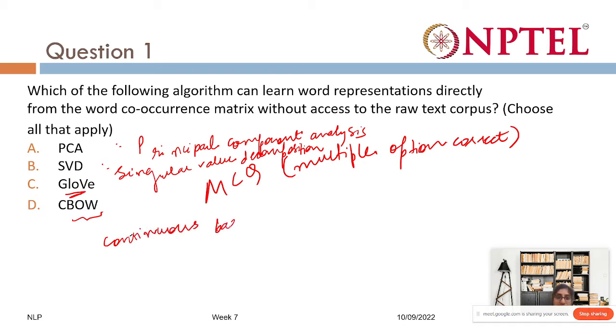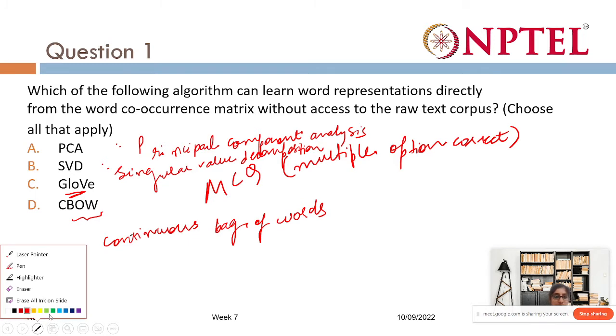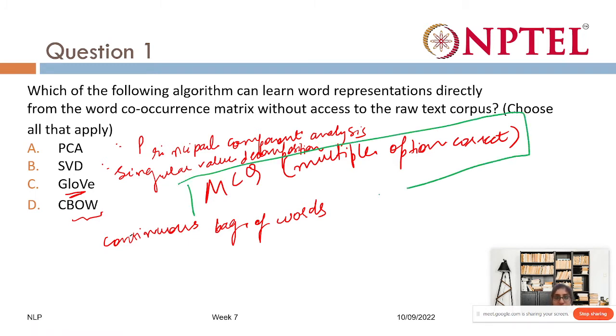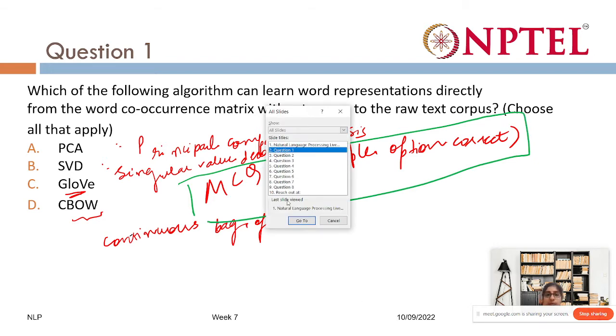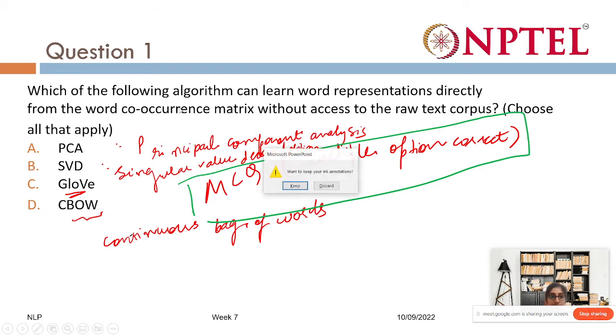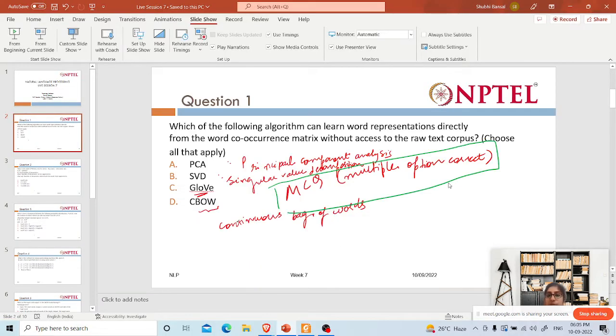This is one of the models we have seen in the lectures also, and it is one of the variants of the word2vec model. So the answer to this question can be MCQ, multiple options correct. Please attempt this question. We'll discuss in 2 minutes. I hope the question is clear to you.